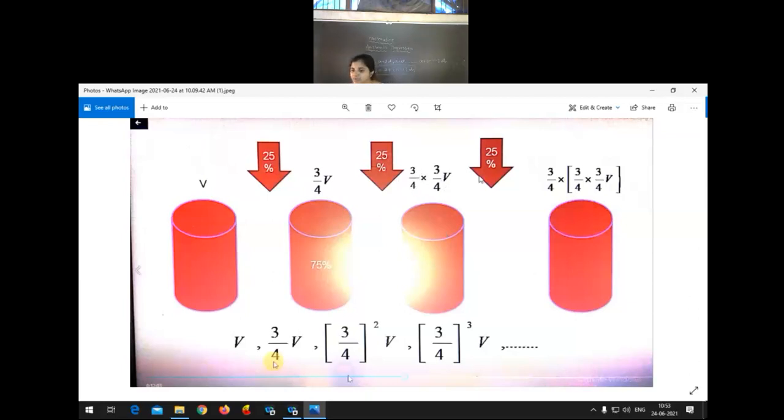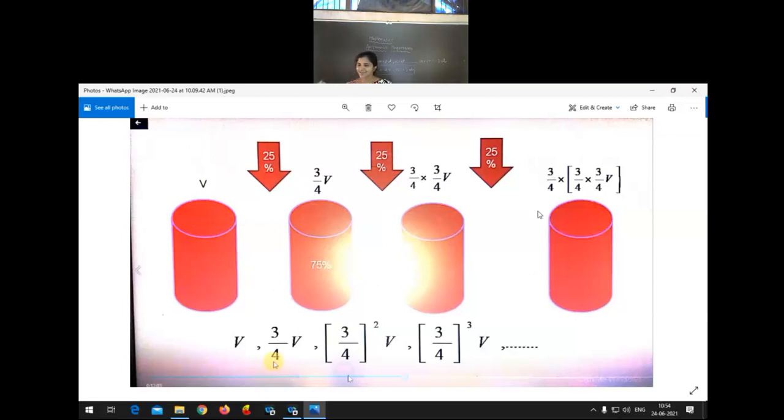Again we have to remove 25% from this. So how much is remaining? Again 75% of it remains, which is again 3/4 of 3/4 into 3/4 V.